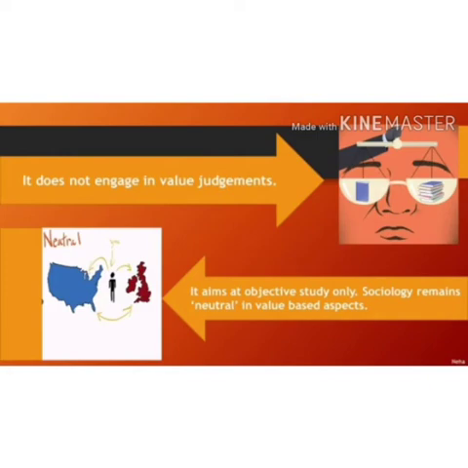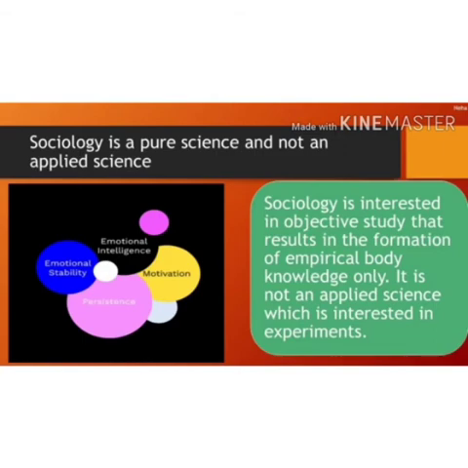Third one is sociology is a pure science and not an applied science. Sociology is interested in objective study that results in the formation of an empirical body of knowledge only. Sociology studies something that is real, not imagined. Sociology conducts its research on the basis of sense experience, particularly observation.